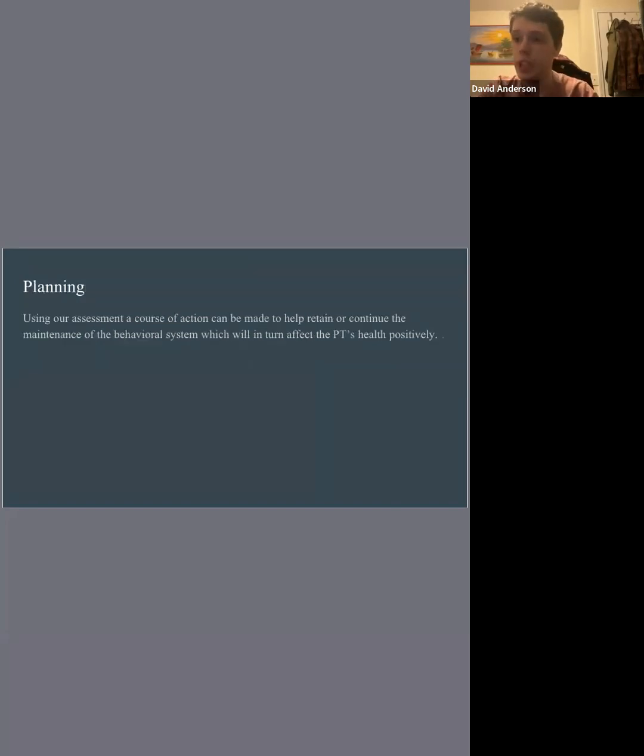Then we move on to planning. Using our assessment, we plan a course of action to help retain or continue the maintenance of the behavioral system structure, balance, and stability. Using implementation, we're going to have goals for management of nursing problems.